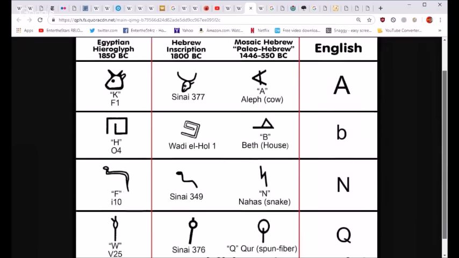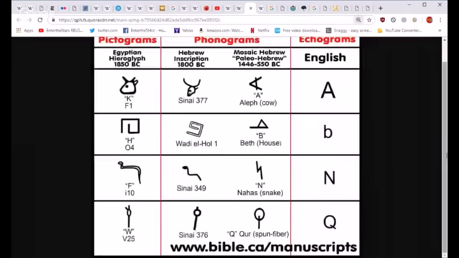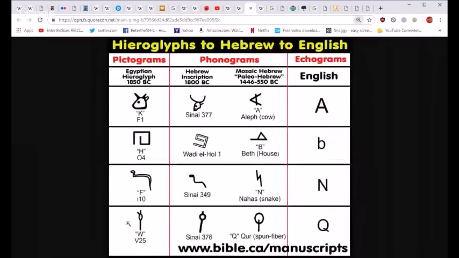So you guys can see this. This is Hebrew, and this is Q Mosaic Hebrew, Paleo Hebrew, so that's 550 BC, just before Christ walked the earth. And then it comes down to English. And as you can see, the roots of this go all the way back to ancient Egypt.